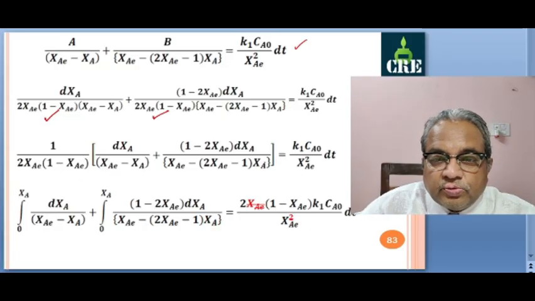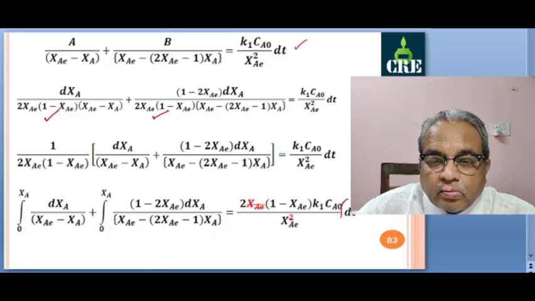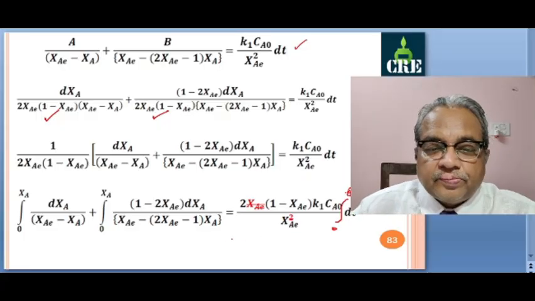Now this we can transfer to this side, that is 2XAe into (1 minus XAe) into k1 CA0 divided by XAe squared dt. This XAe will cancel out with this square term. So in the denominator you are left with only the XAe term, and this will be the integral from zero to t of dt.